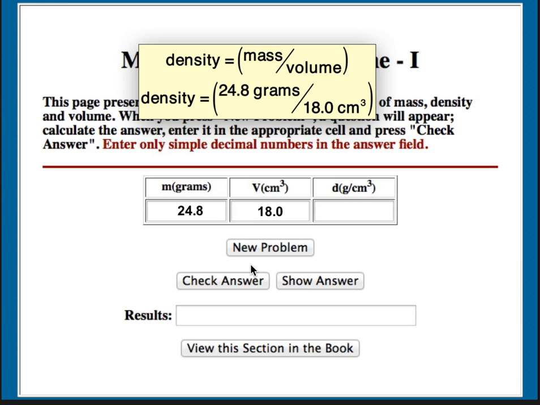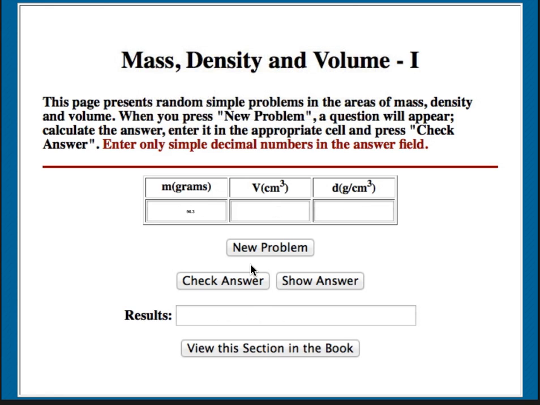Do the calculation, 1.37. Go ahead and do this one. We're calculating a volume.